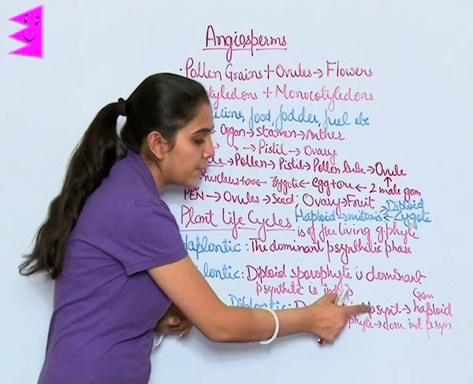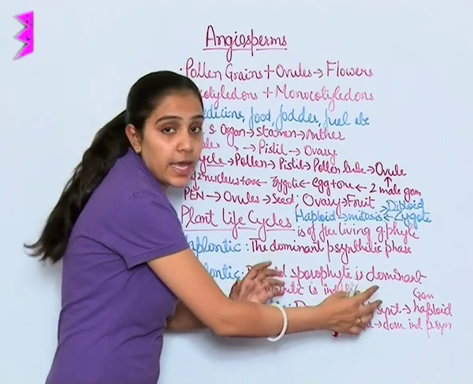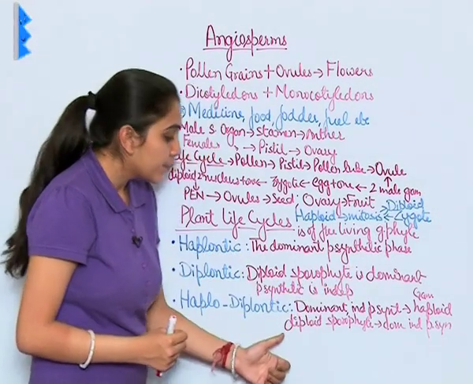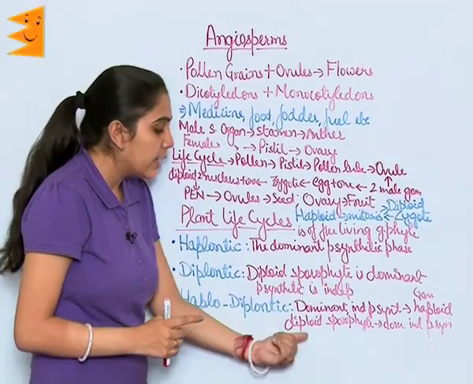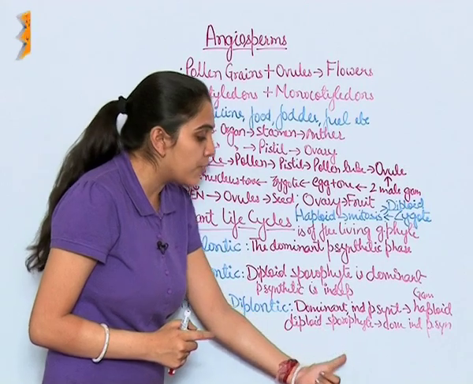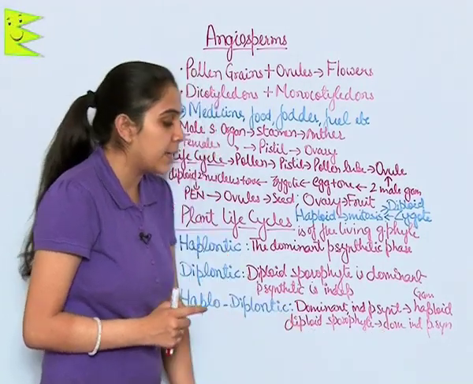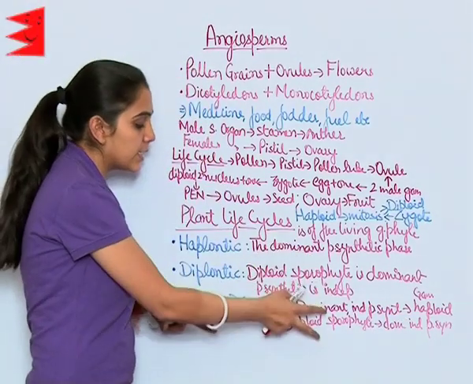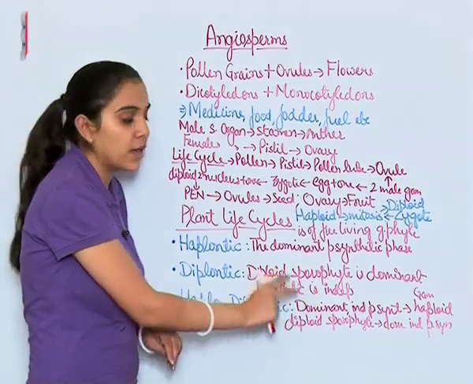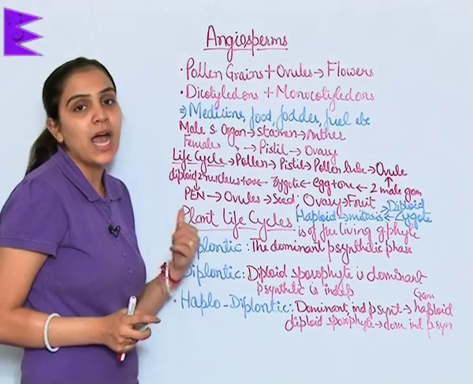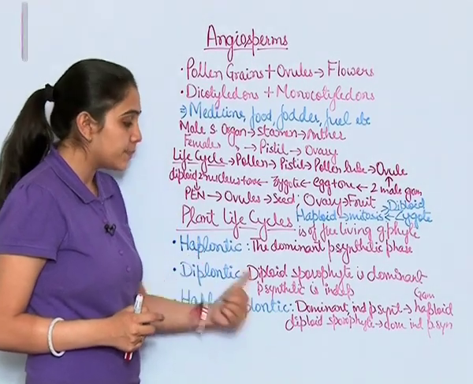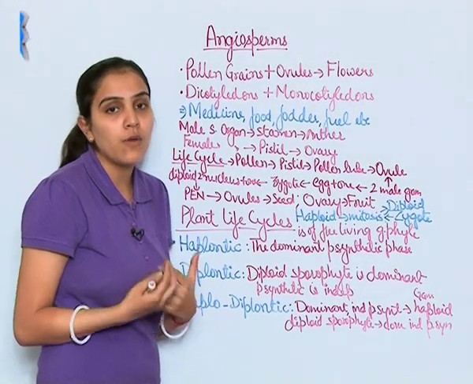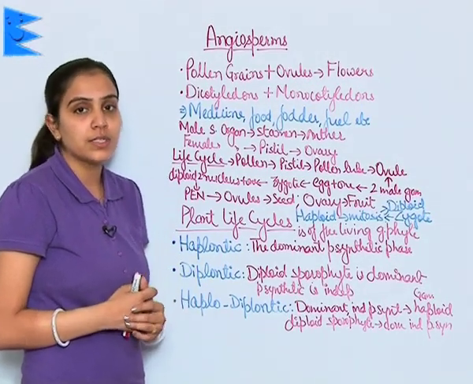Dominant independent photosynthetic phase is represented by haploid gametophyte, and on the other end diploid sporophytic phase is represented by dominant independent photosynthetic phase. So, you can see both the phenomena are coming. So, this is plant life cycles and how the phenomenon of alternation of generations is observed.